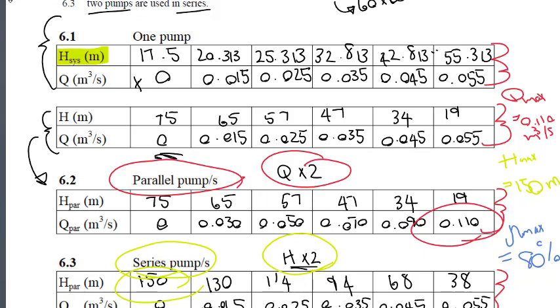Lime green is fine. So we're going to plot this first. The pump characteristic for One pump, or the values for One pump, are H and Q values. Okay, so the first one is going to be 0/75. Okay, so let's go to our graph paper and see if we can start doing that.